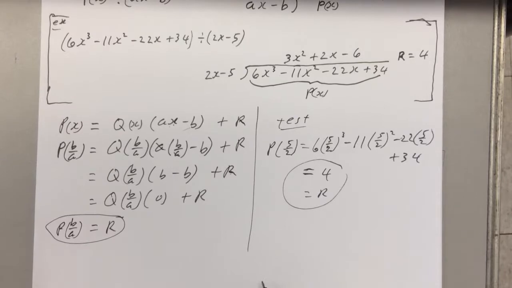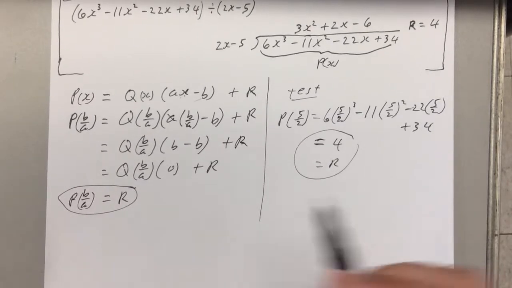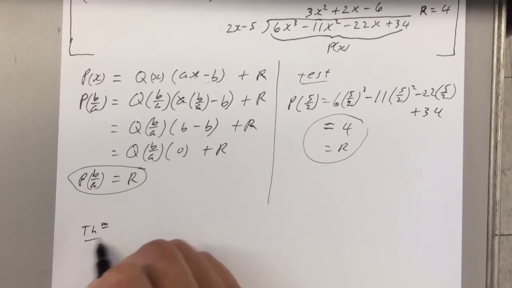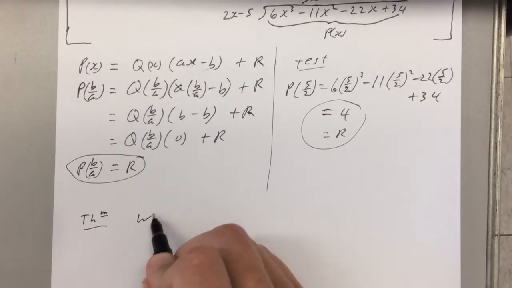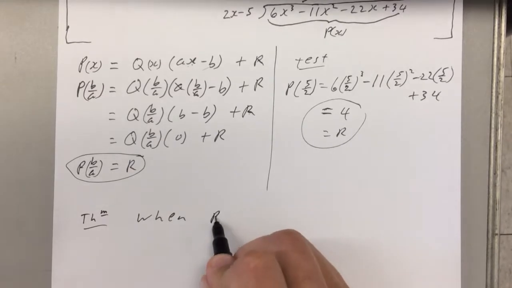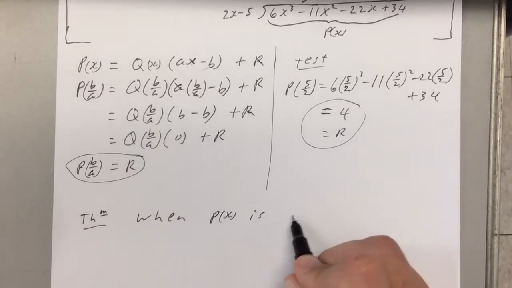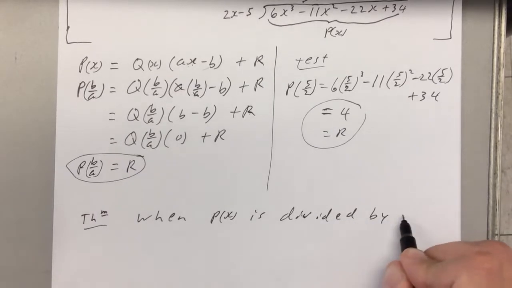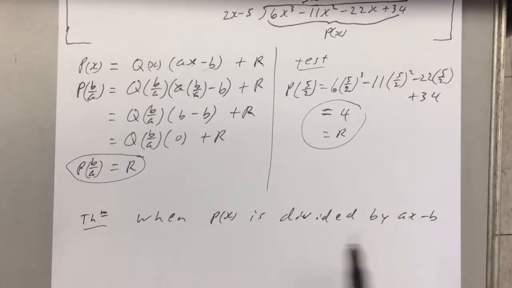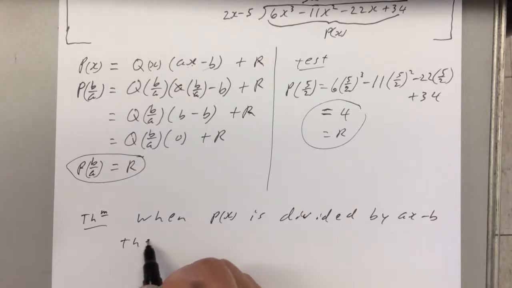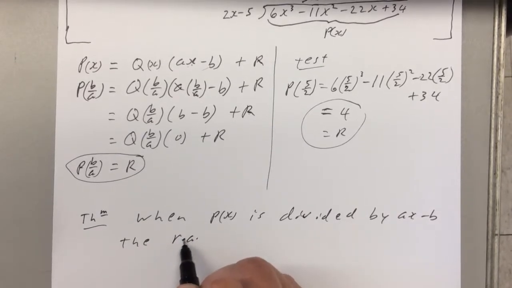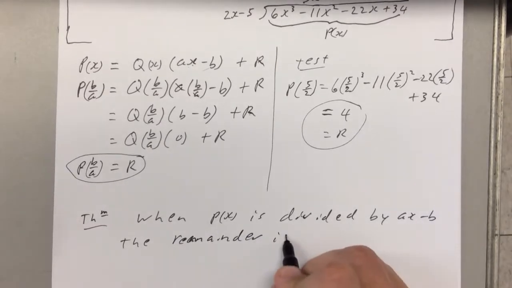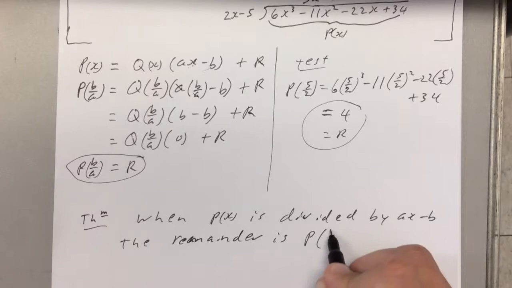So this is leading us to the factor theorem. So first we're going to state the remainder theorem. So the remainder theorem is when p of x is divided by ax minus b, the remainder is just p of b over a.